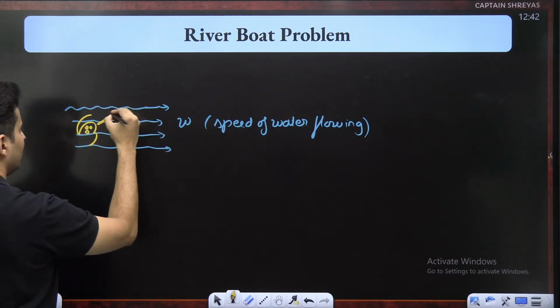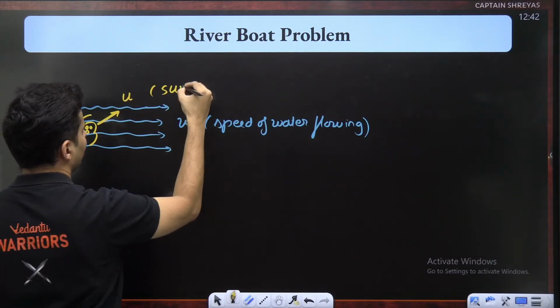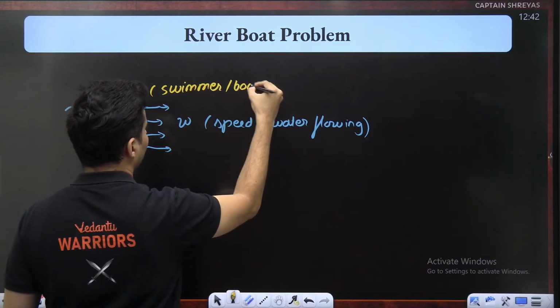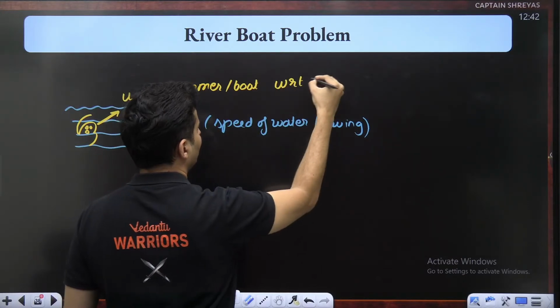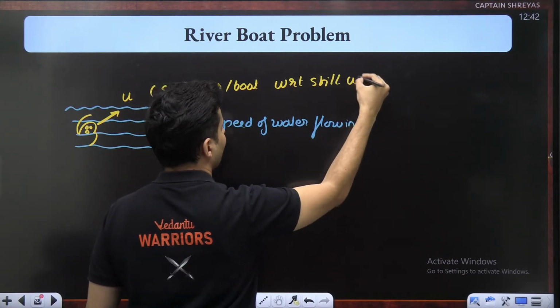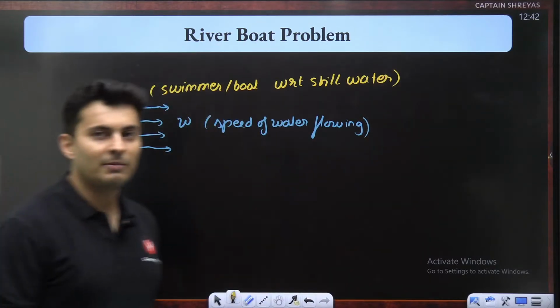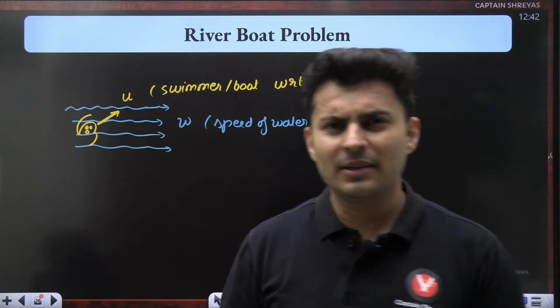This is the velocity of the swimmer or the boat with respect to the still water.